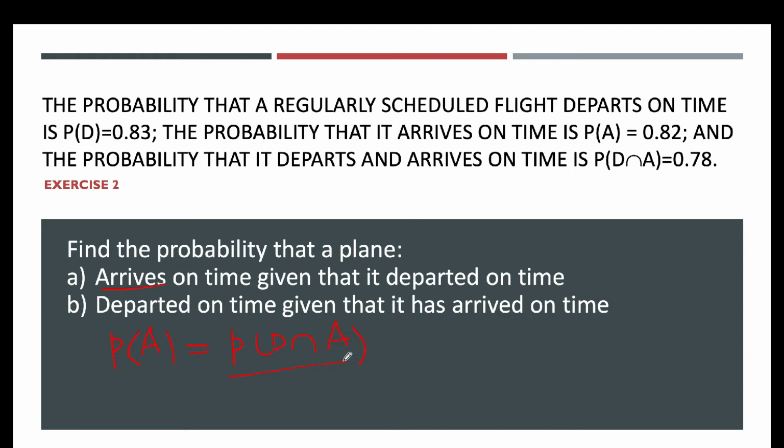I mentioned previously that the thing over here should be something that, for example, we have D and A. If we want to find A given D, then over here should be D. So in this case it should be 0.78 divided by 0.83.